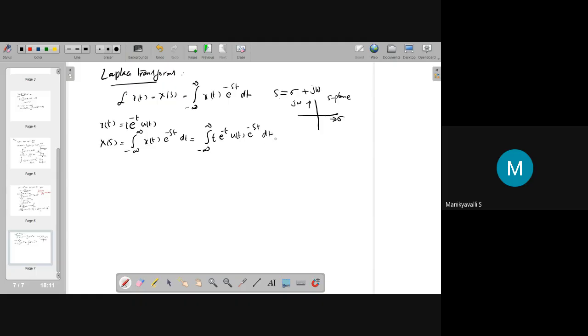Okay, u of t is defined from 0 to infinity only, and also has a magnitude of 1. So we can simply replace the limits by the integral 0 to infinity.